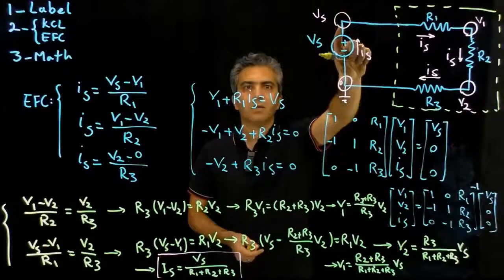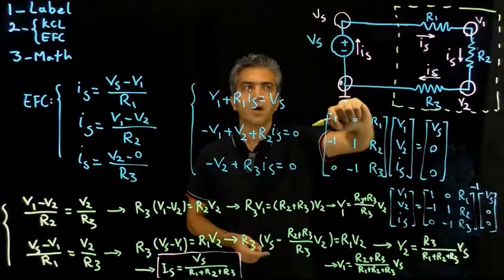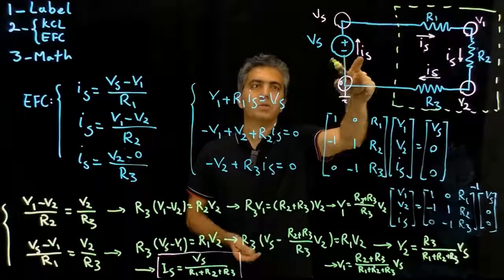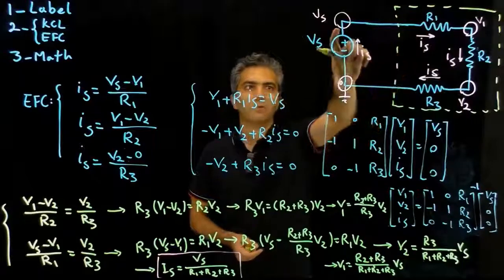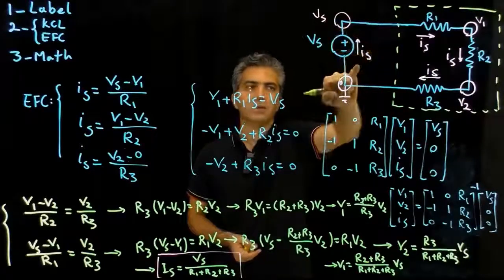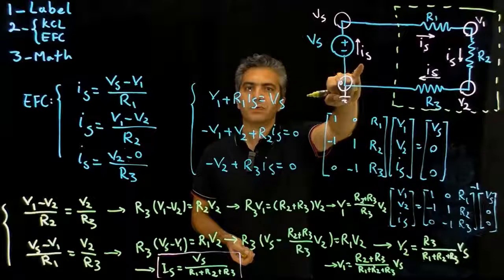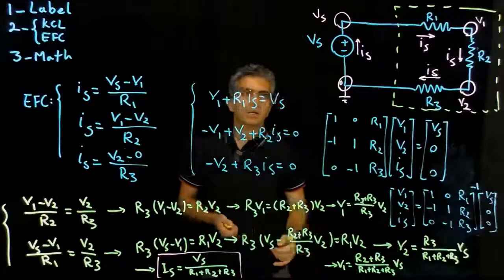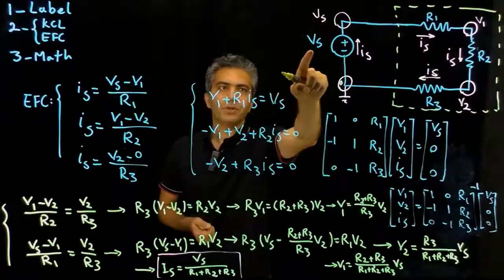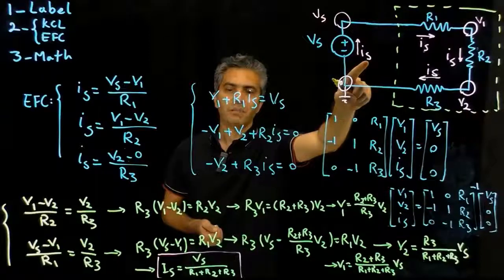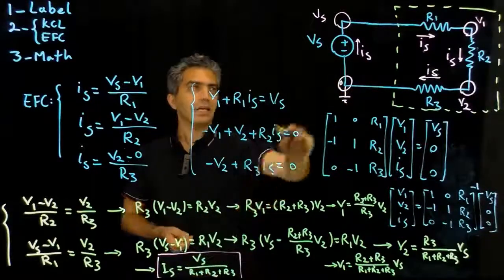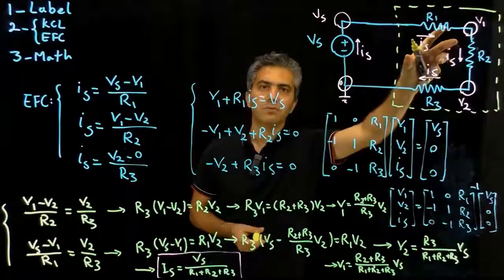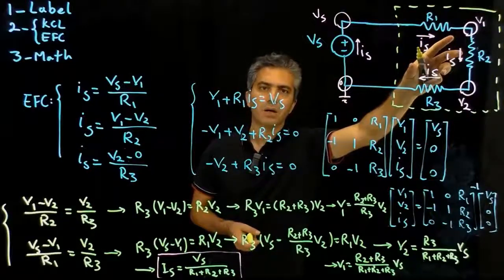We are taking a voltage source and connecting it to this box, and the response of the box to the voltage that I connect to it is the current that is passing through it. So that voltage divided by the current passing through it is the equivalent resistance of that box.